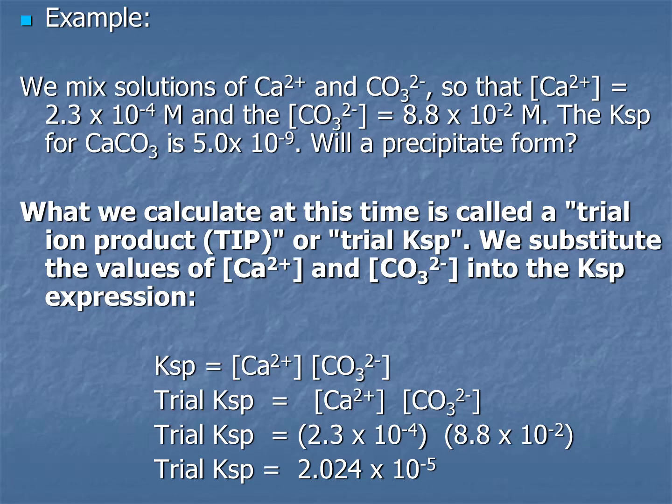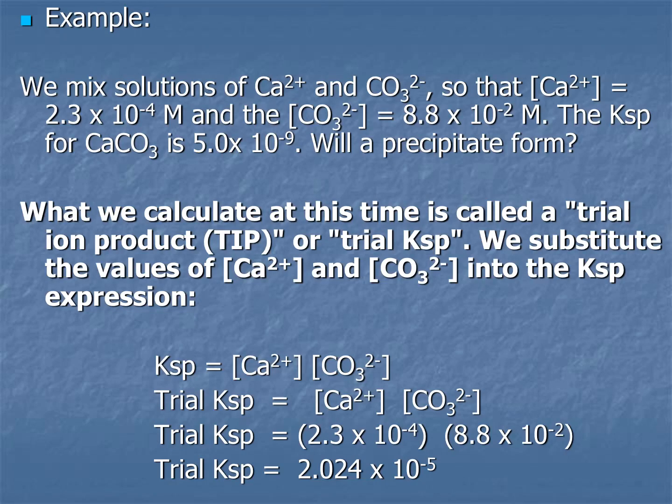So if we're given a problem that gives us these concentrations of calcium and carbonate to be 2.3 times 10 to the negative fourth and 8.8 times 10 to the negative 2, the Ksp for calcium carbonate, once again, is 5.0 times 10 to the negative ninth. Will a precipitate form?